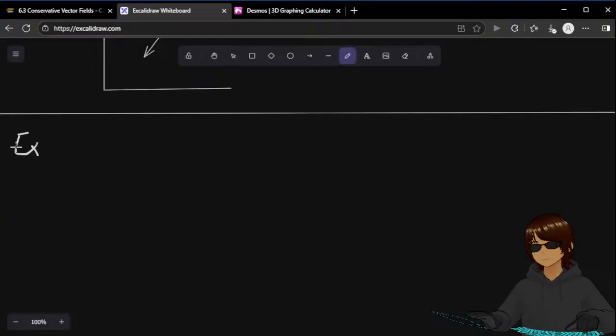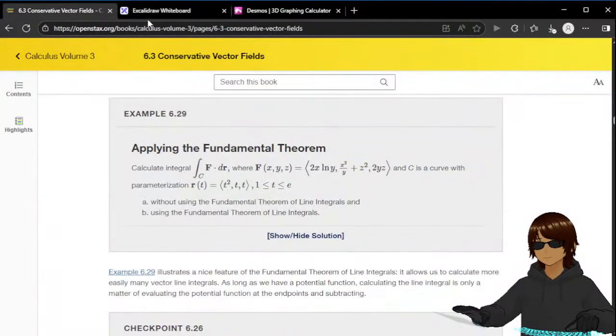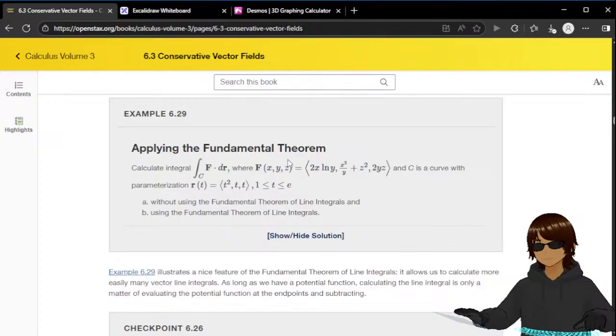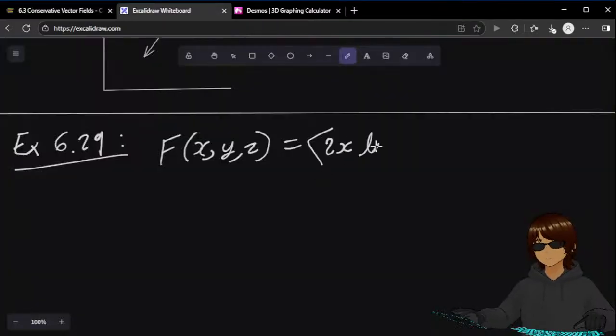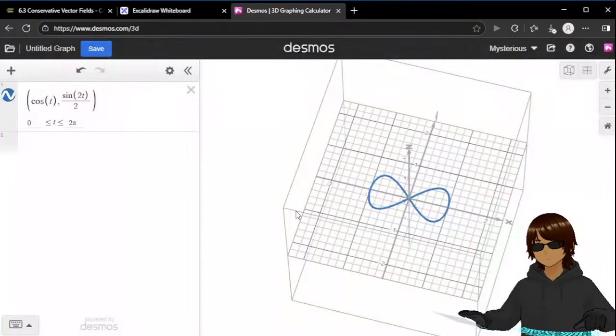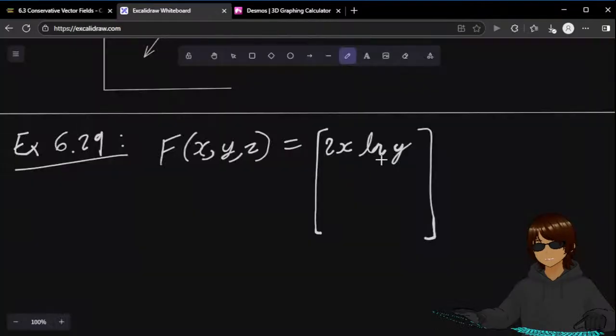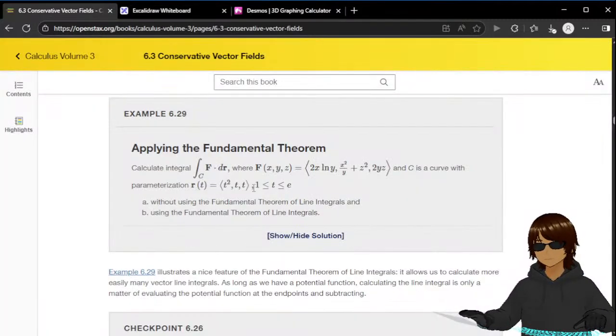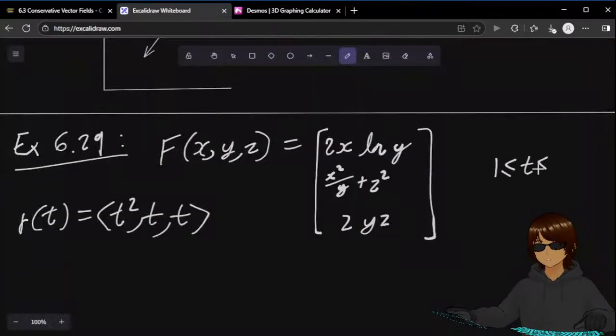Exercise 6.29. So we have a vector field F with components 2x ln y, x squared over y plus z squared, and 2yz. And r(t) is t squared, t, t, with t from 1 to e.